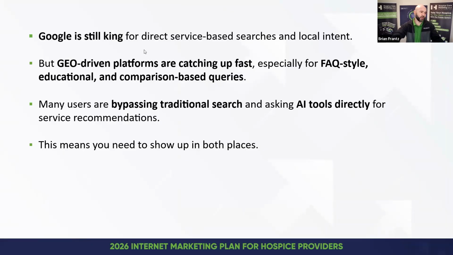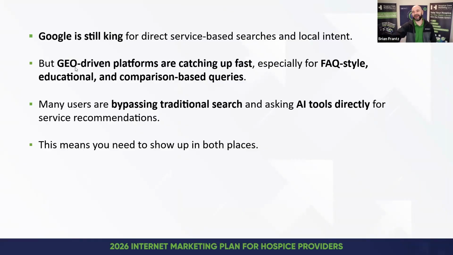But like I said, Google's still king. They're catching up, the AEO or the GEO, generative engine optimization. These other tools out there are catching up, and they're catching up fast.